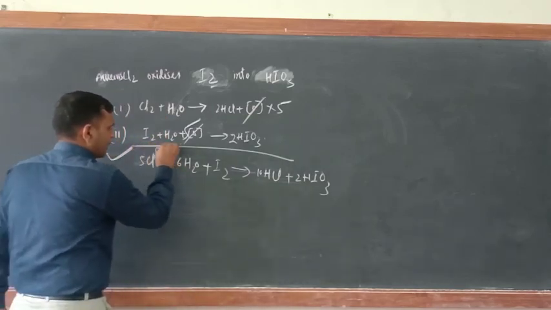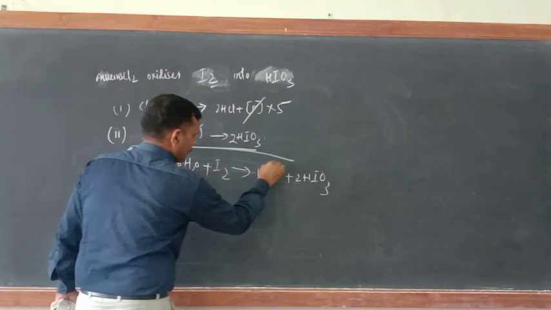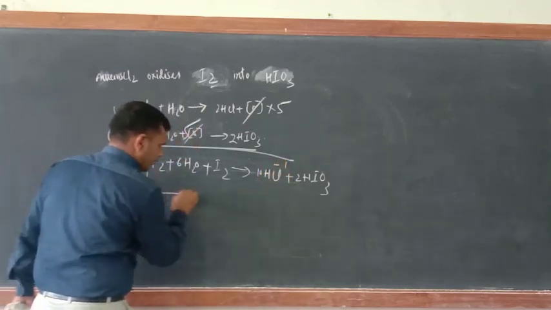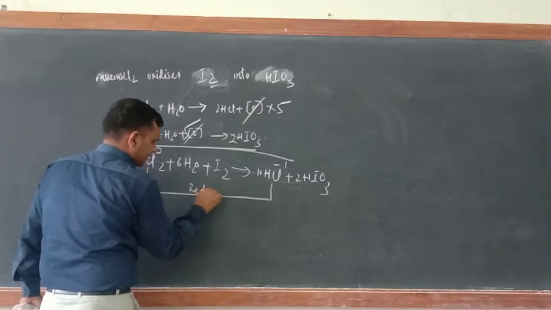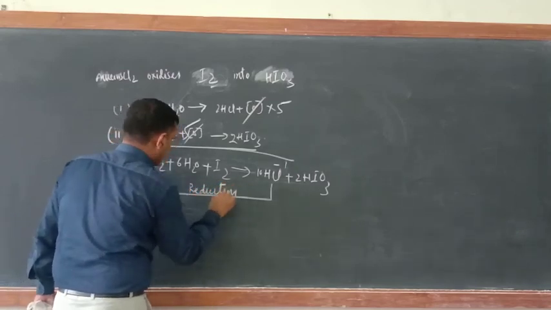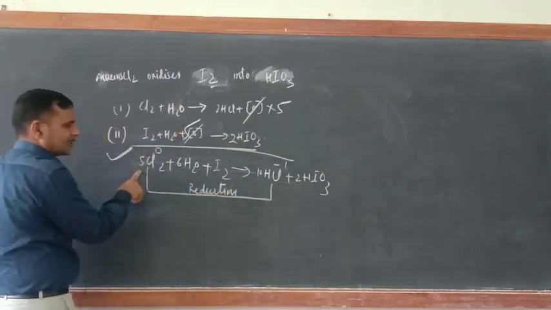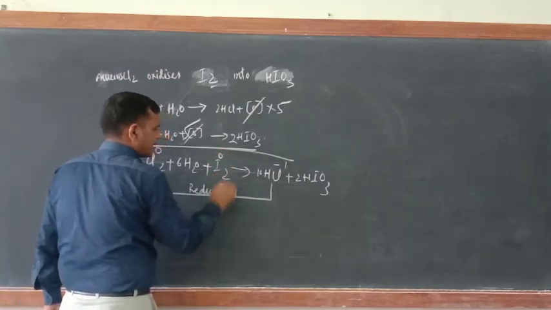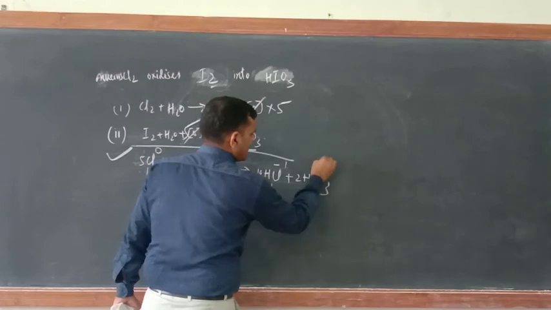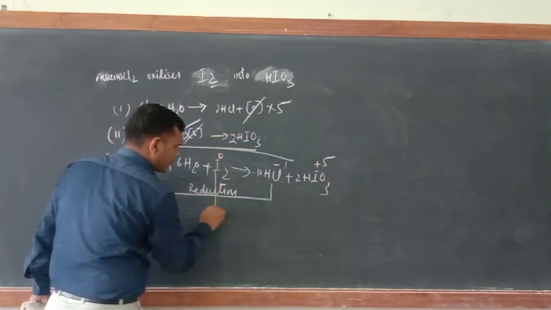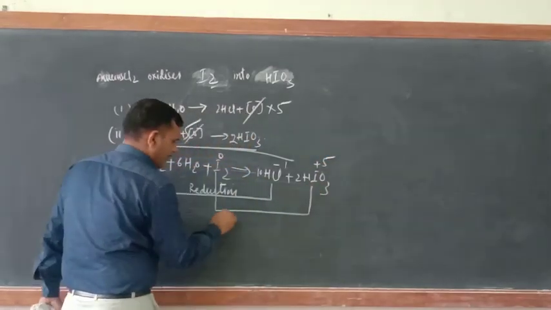Now chlorine is here 0, here chlorine is -1. So 0 to -1, this is undergoing reduction. Hence what is this one? Oxidizing agent. Iodine is here 0, but here iodine is +5. So I2 goes from 0 to +5. What is this one?